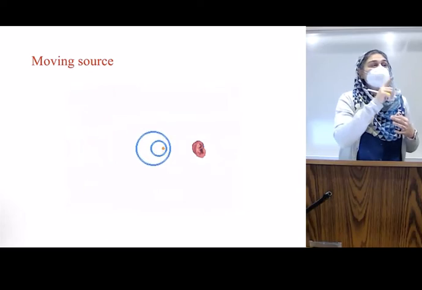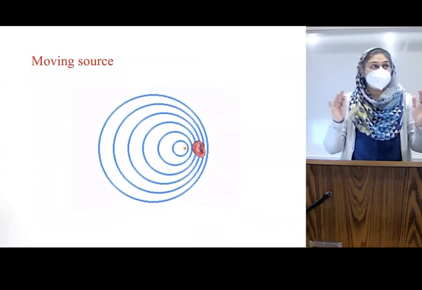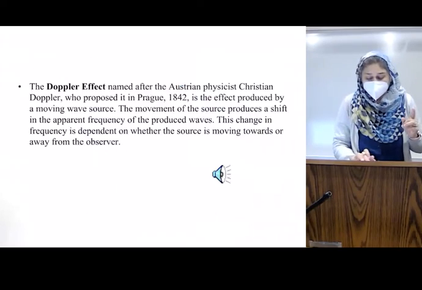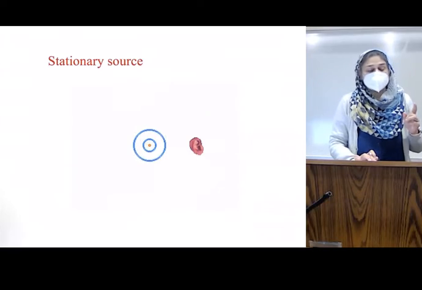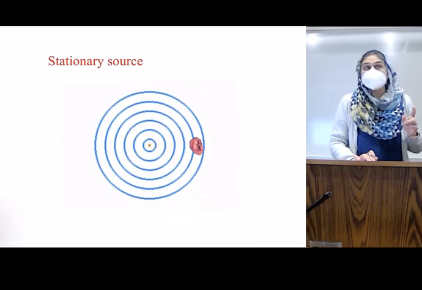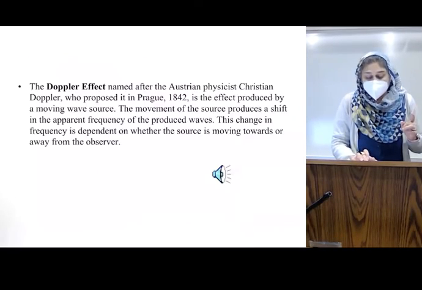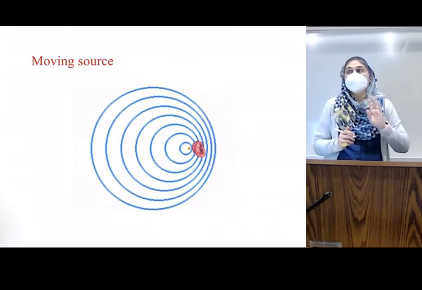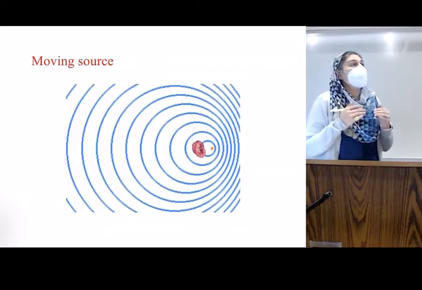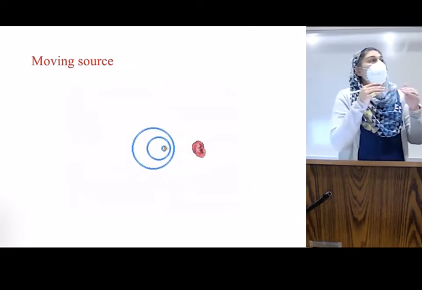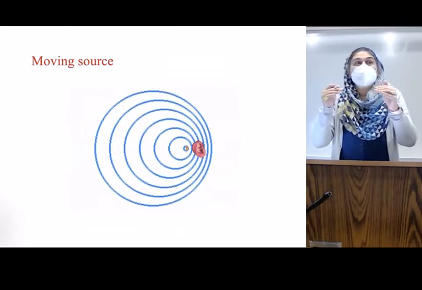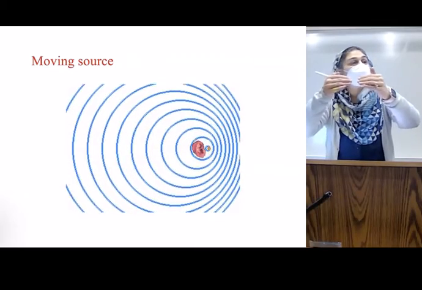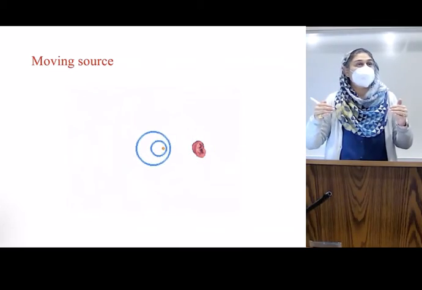Now I want you to observe the whole picture. Remember the stationary sound? It looks like this. Yes? But then what happens if the sound starts to move? What is actually going on is that the waves of sound are bunching in front of the moving vehicle.